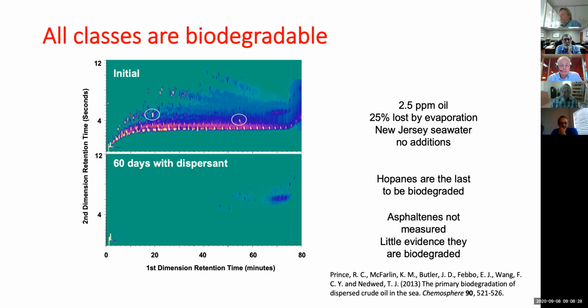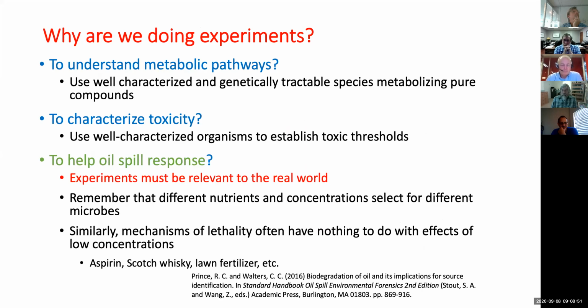It's important to remember this is not looking at molecules bigger than about 40 carbons, and it's not including the asphaltenes and any other resins, things that don't enter the GC column. But of the hydrocarbons we can measure this way, it's not unusual to see more than 80% degradation in a couple of months.